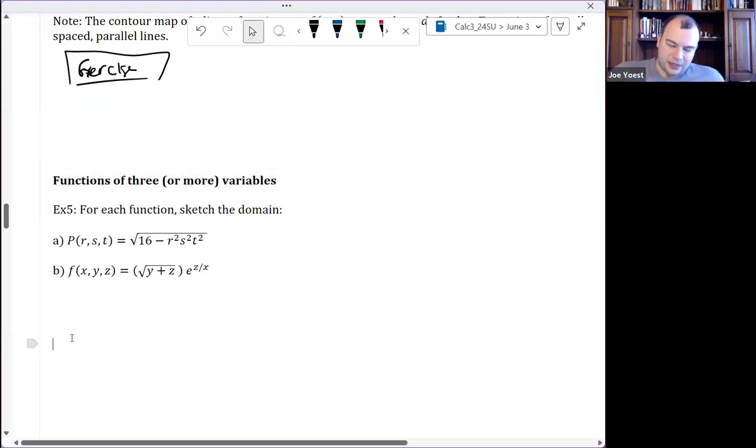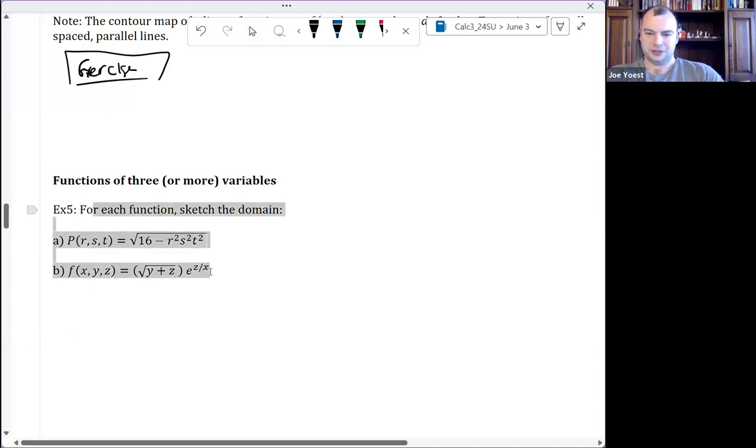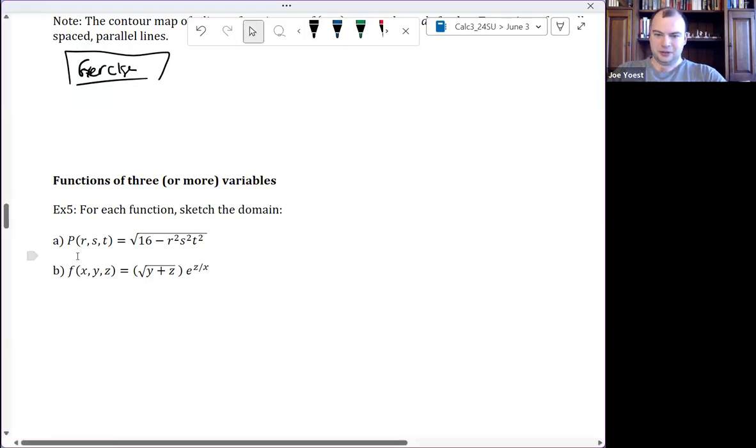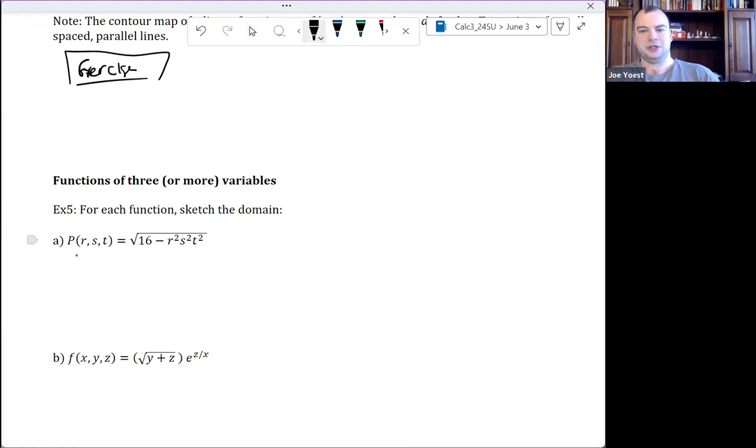Okay, let's take a look then at functions of 3 or more variables. For each of these functions, let's sketch the domain. For A, we have the square root of 16 minus r squared s squared t squared. And we know that we need our input into the square root to be greater than or equal to 0.